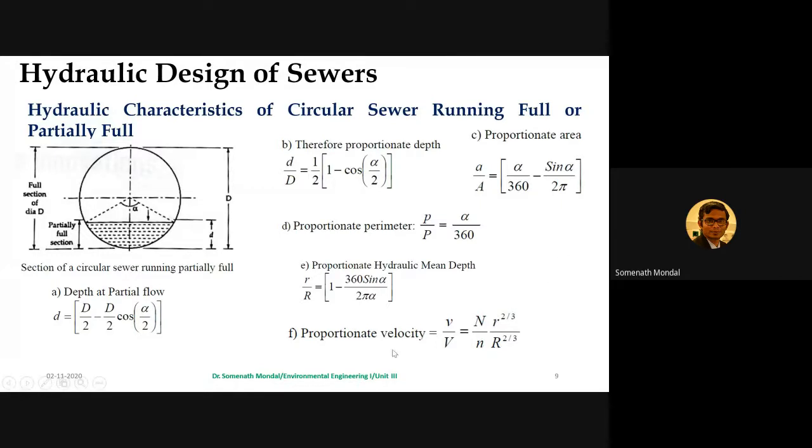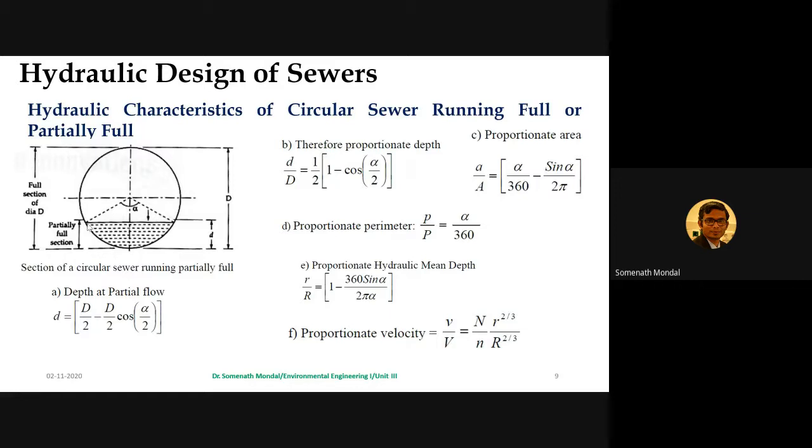So what I'm trying to tell is, for this particular portion you need to calculate the area. So that area, small a, is equal to pi D square by 4 into alpha by 360 minus D by 2 cos alpha by 2 and D by 2 sine alpha by 2. So basically these are nothing but geometry.